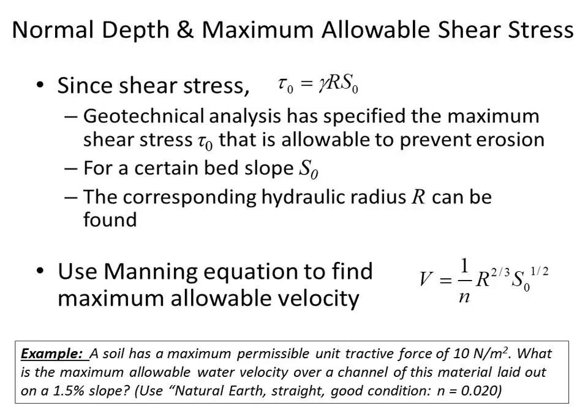So for the 10 newtons per square meter and a unit weight of 9810 newtons per meter cubed and the slope of 0.0015, this channel slope that's mentioned here, what we can find is that the equivalent hydraulic radius is 0.068 meters.